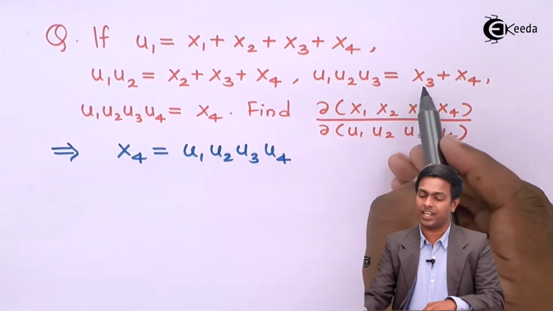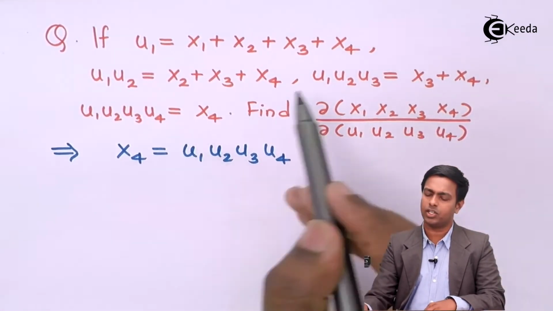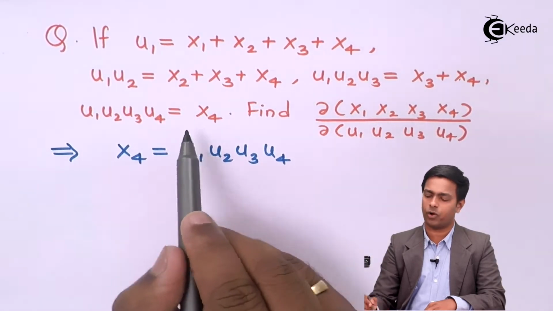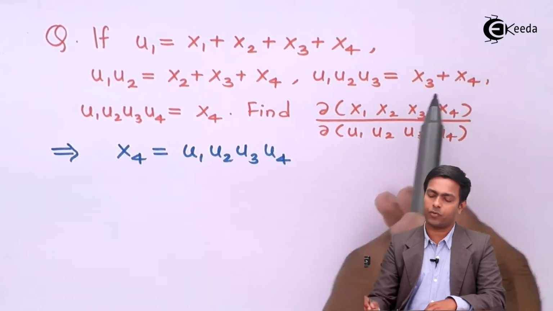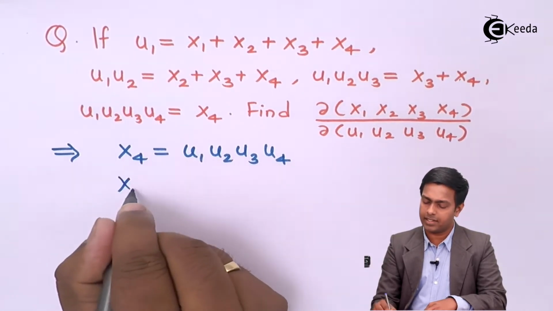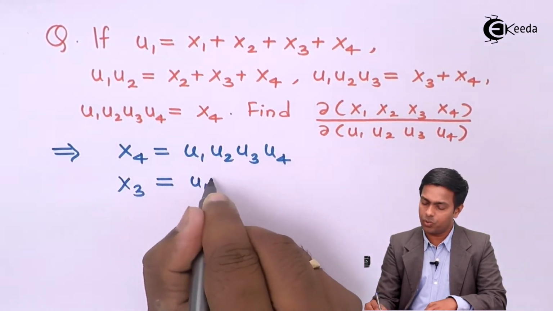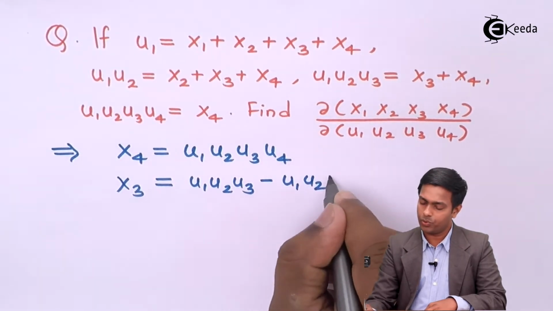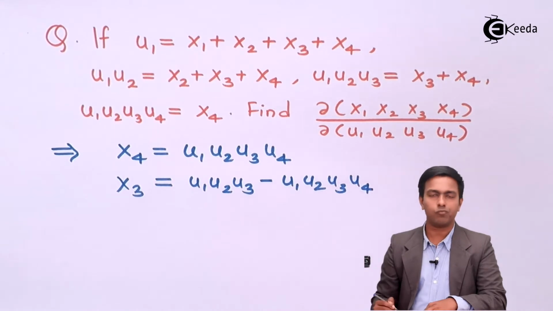Now to get x3, I'll subtract these two results. If I subtract x4 from x3 plus x4, then x4 will be cancelled, we'll get x3, and the answer is u1 u2 u3 minus u1 u2 u3 u4.